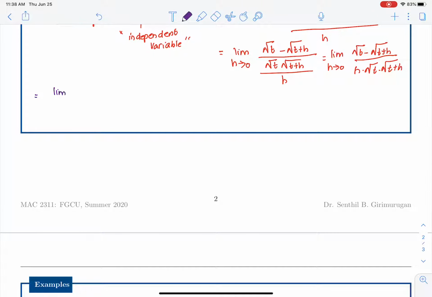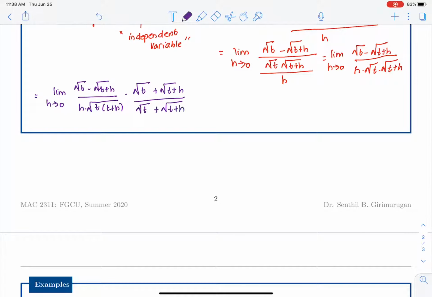So limit h approaches 0, I'm going to multiply and divide by the conjugate of the numerator, and I'm going to combine the two roots, and the numerator, if we FOIL, would end up becoming square root of t squared minus square root of t plus h squared, and we divide that by h times square root of t times t plus h times square root of t plus square root of t plus h.